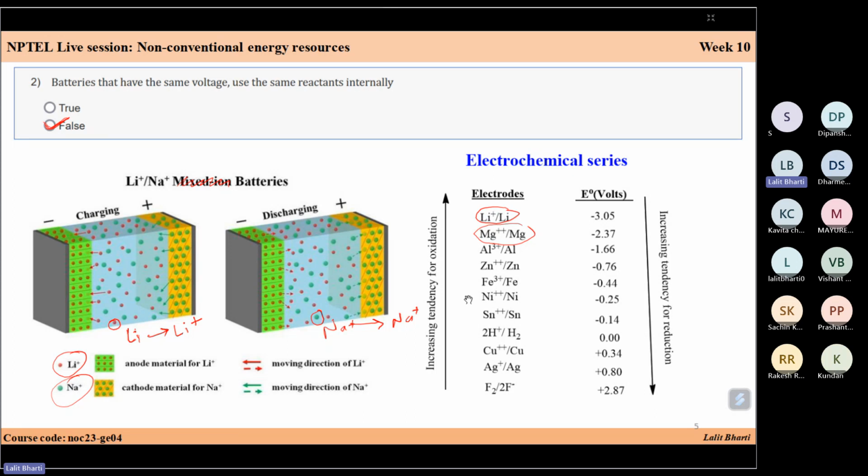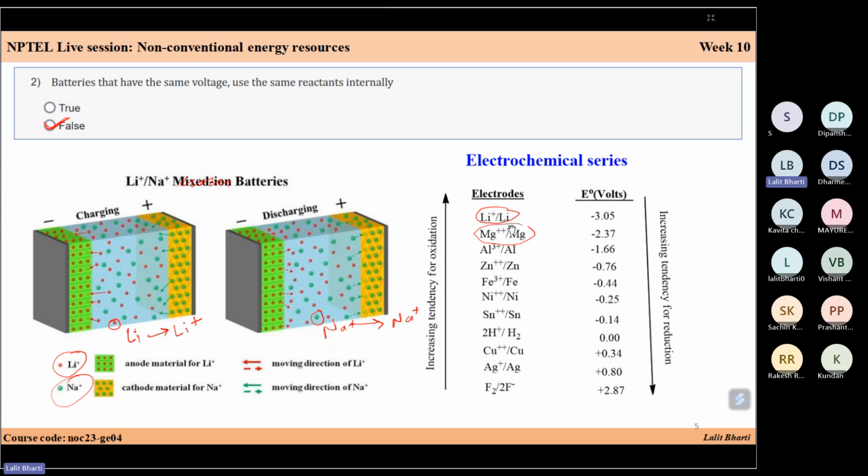The answer is clearly no, because they have different positions in the electrochemical series, and they have different E naught values. While oxidation of lithium to lithium plus will produce a voltage of negative 3.05 with reference to the hydrogen electrode, magnesium will produce only minus 2.37.